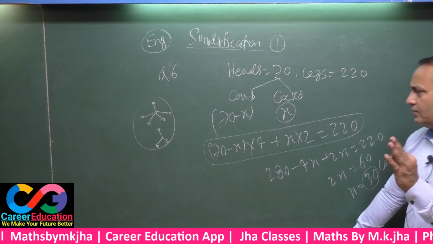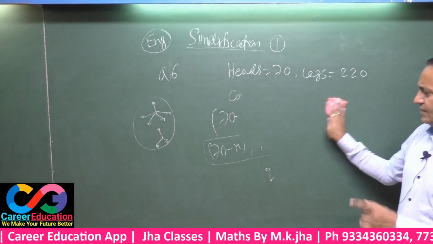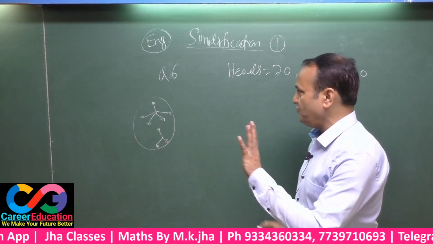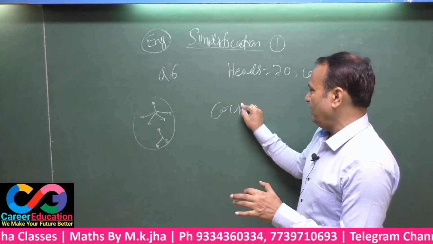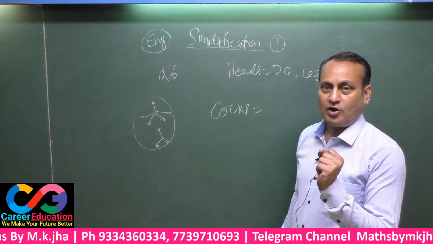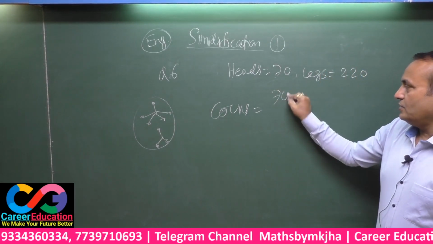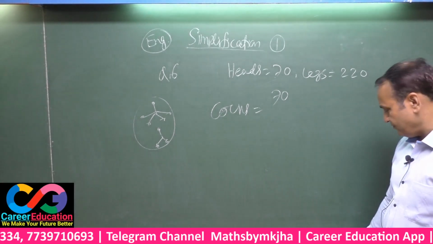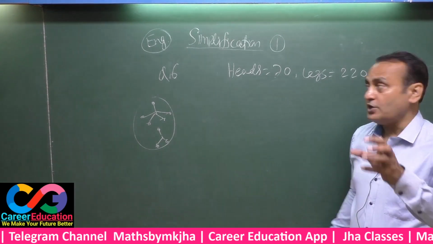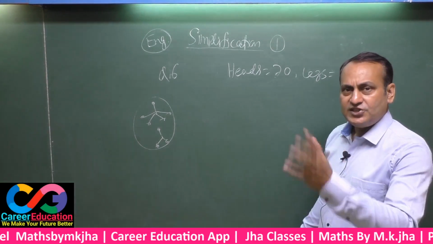Now come to the next method. In the tricky approach you will be solving such questions in a very easy way. You have been asked how many cocks are there. Suppose all are cows in 70.